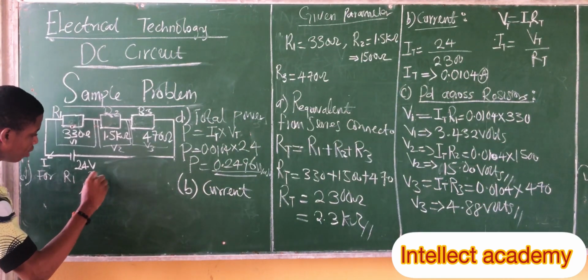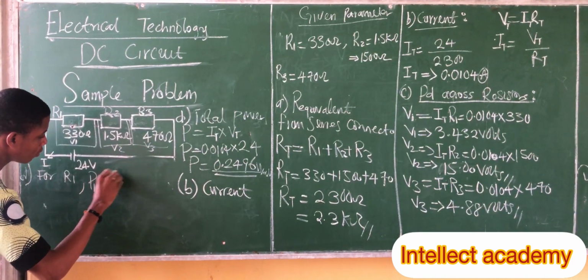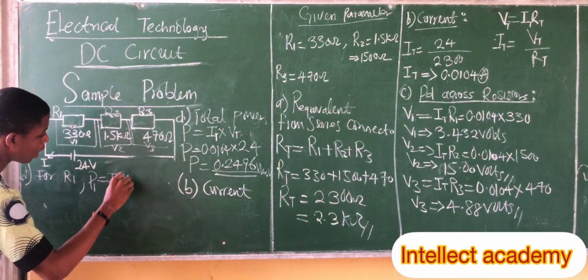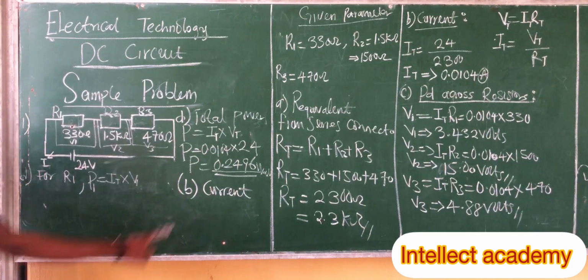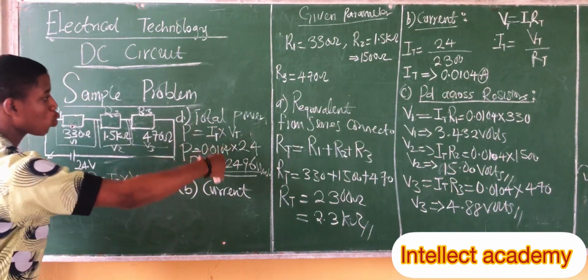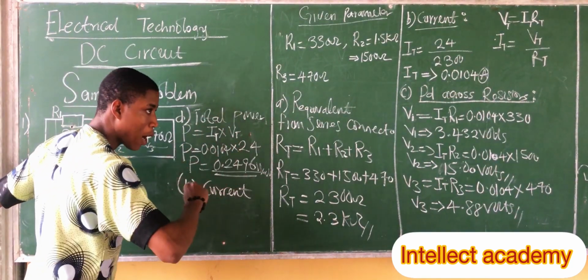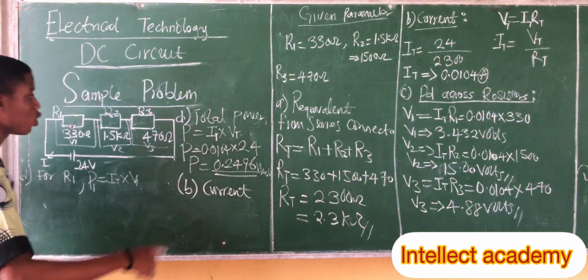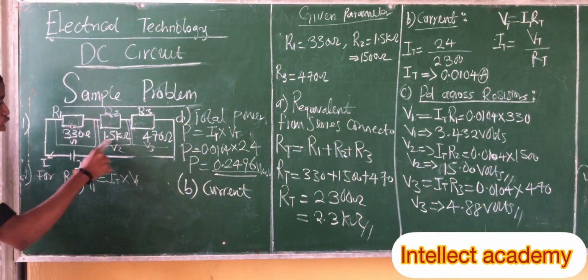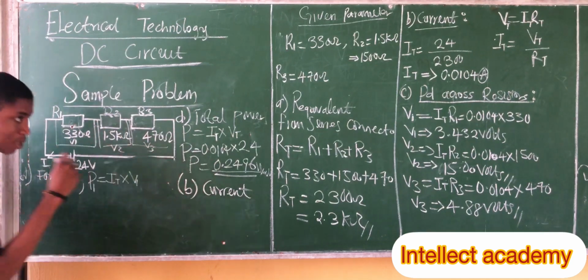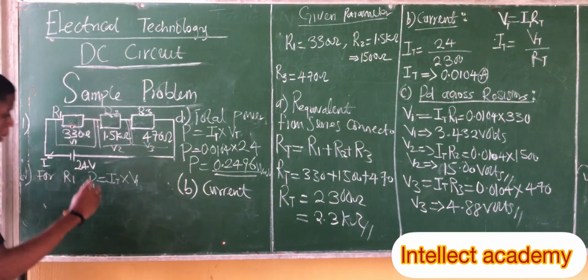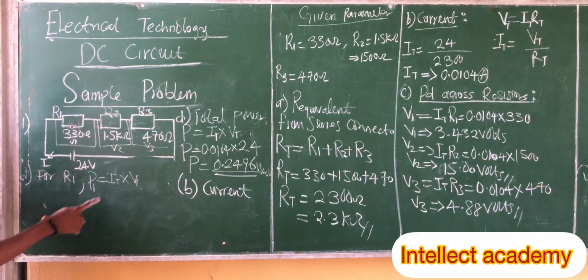P1 is equal to I multiplied by V1. Take note, we are dealing with calculating the total power in this case. The total power can be gotten by summing the individual powers, because with three resistors there are three powers. Is that understood?